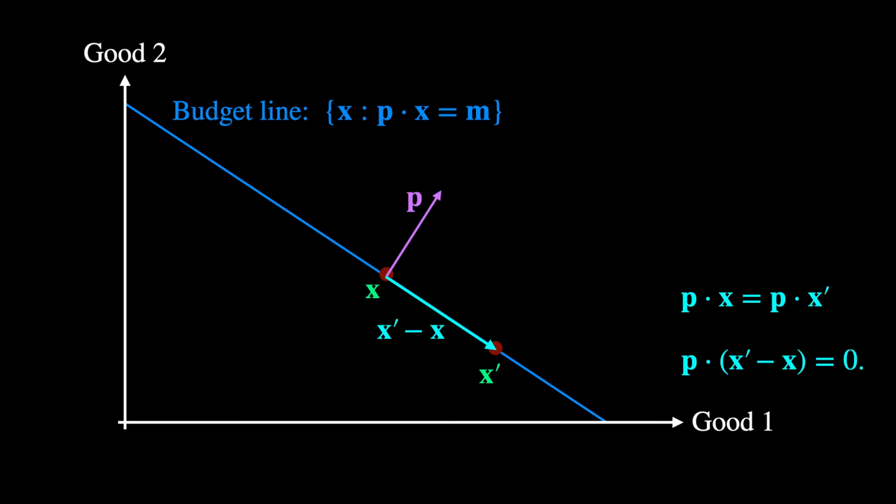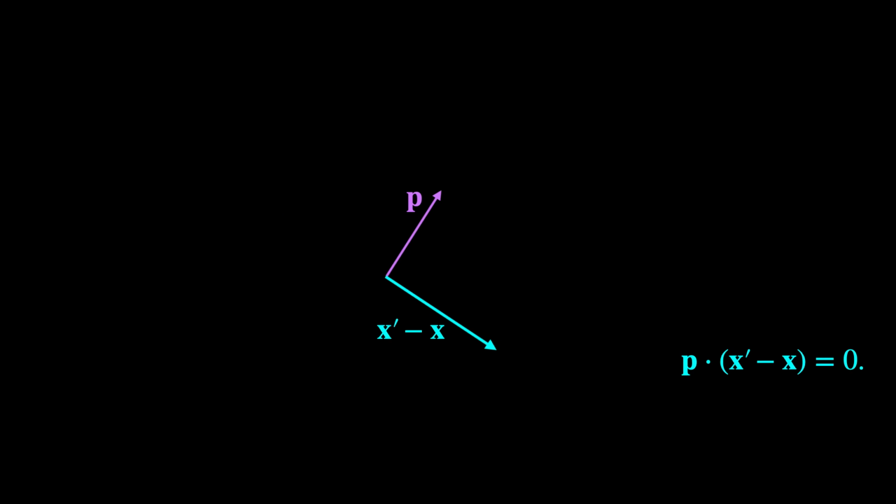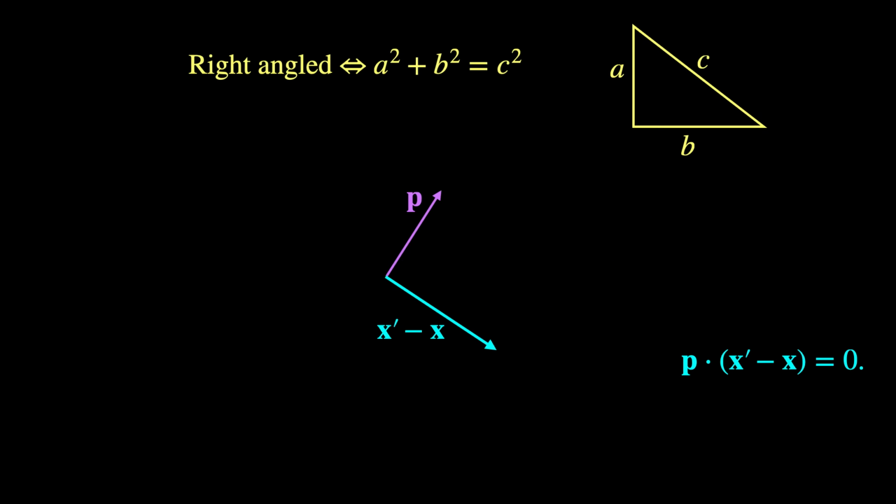Whenever two vectors have a dot product of 0, they must be perpendicular to each other. To see this, consider this triangle. To show that this is a right-angled triangle, we can show that a squared plus b squared equals c squared, as this only holds for right-angled triangles.